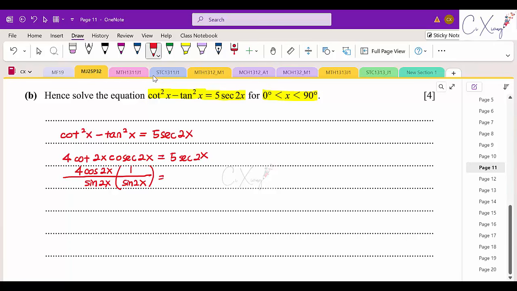Then equals to 5. Then secant 2x is also 1 over cos. Then when you see that everything is in terms of sine and cos, I want to move all the number to one side, where I'm having 4 over 5. Then move all the trigo to the other side.